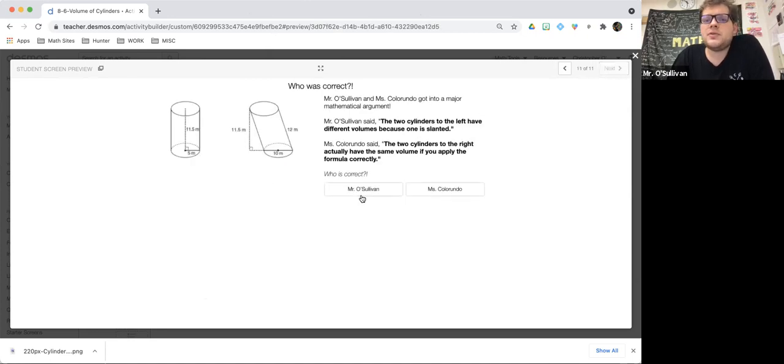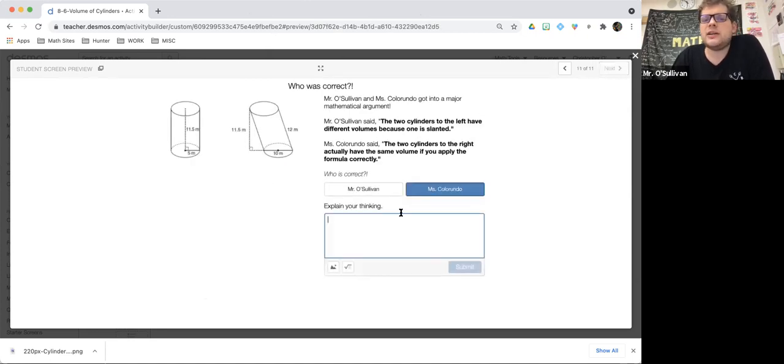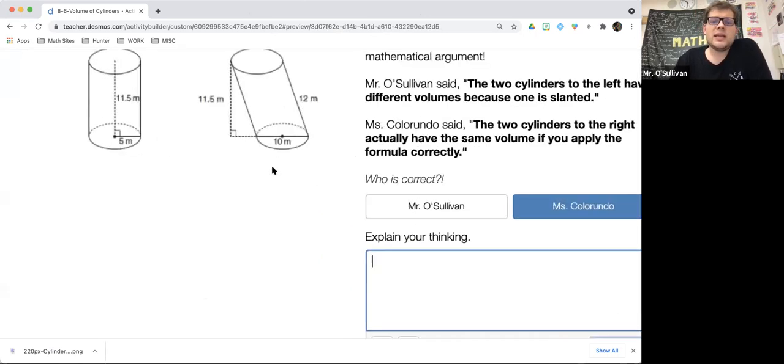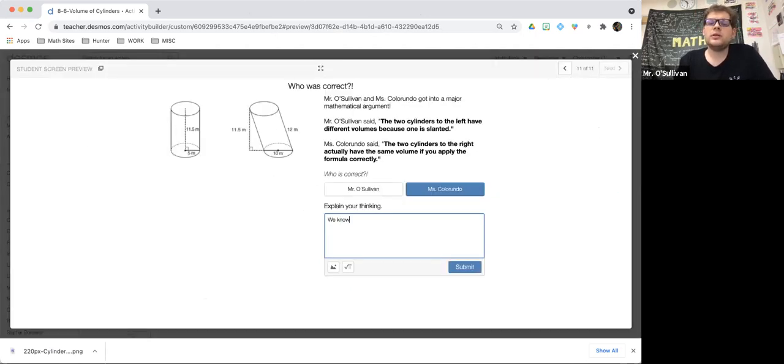So Mr. O'Sullivan was wrong. It was Miss C that's correct, and here's why. If you think about it, we know to find the volume of a prism, we use the formula volume equals BH, where B is the area of your base. And if you look at these two images, they have the exact same base.